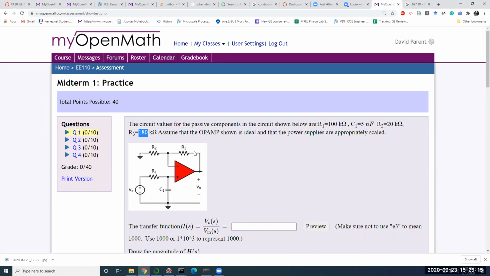That means it's a wire. The gain of a non-inverting op amp is 1 plus R3 divided by R2. So if that's 0, it just becomes a gain of 1. We assume it's an ideal op amp. And then here we can use voltage division to find our cutoff frequency. And I would recognize that this is a low pass filter.